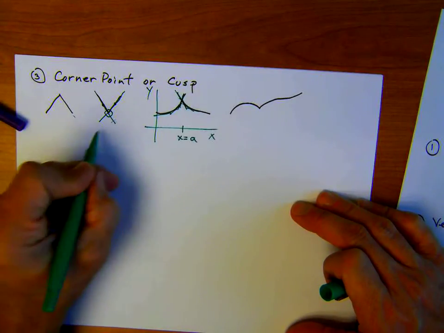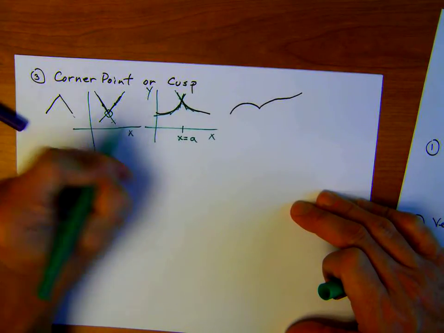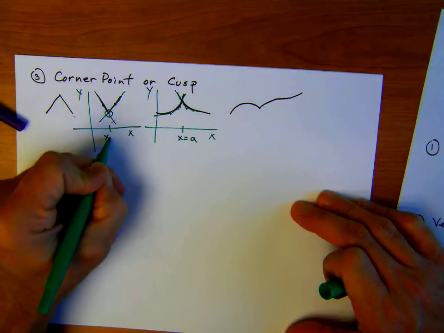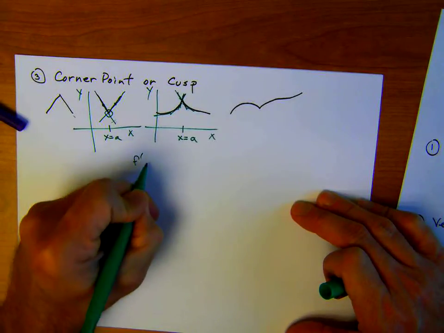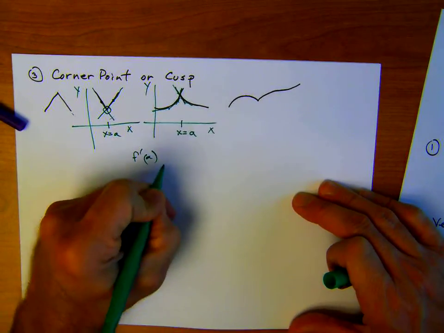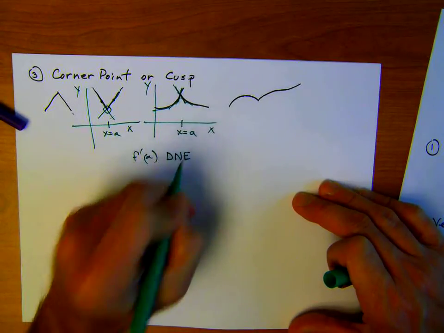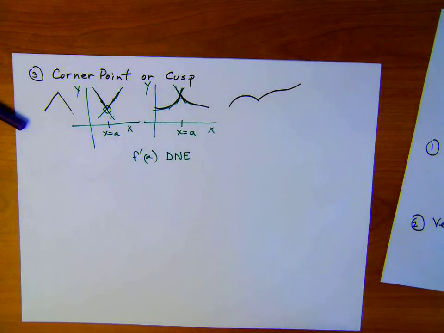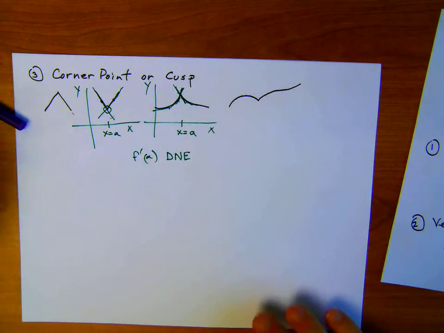So again, put this in the xy plane, call this point x equals a. In both of these cases, we say that f prime of a does not exist.